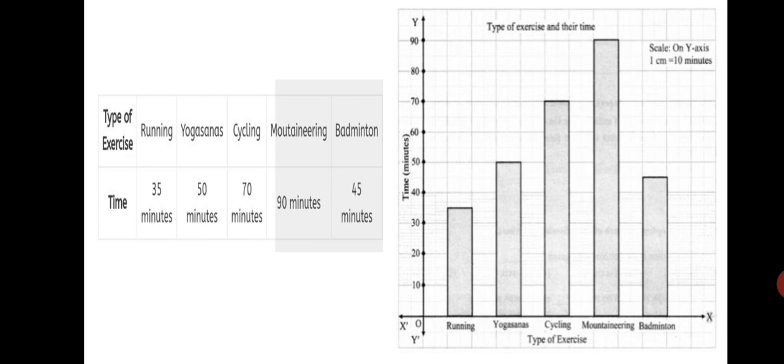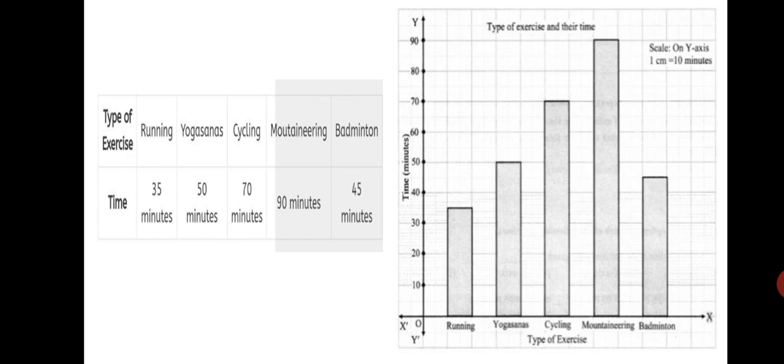So we can take 1 centimeter is equal to 10 minutes. Or you can take 5 also. Depends. 10 minutes or 5 minutes is your choice. In this solution they have shown 1 centimeter is equal to 10 minutes.